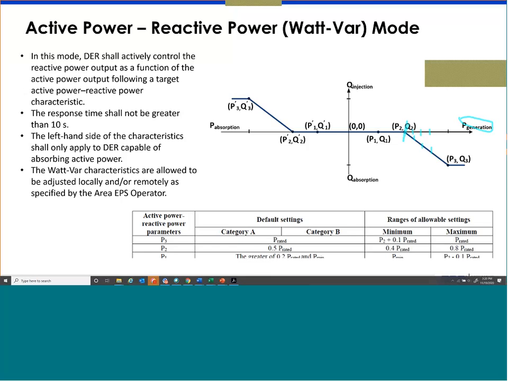So you provide more reactive power when you cause more problem, rather than having a constant var level all the time.